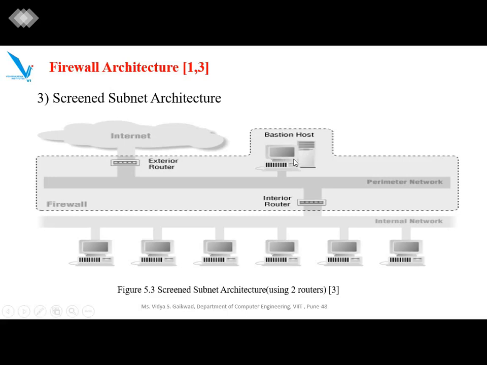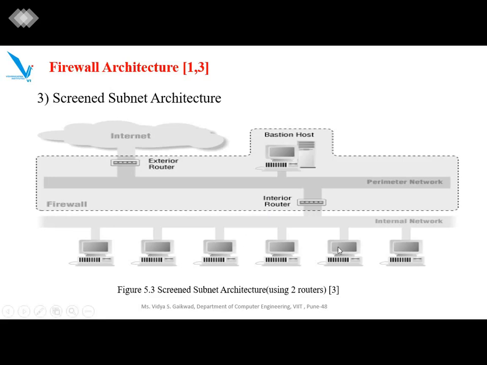Bastion host. So in the screen subnet architecture, a host is attached to this perimeter network. This host is called a bastion host. Any connection from the external network is first contacted to the bastion host. Interior router is also called choke router.